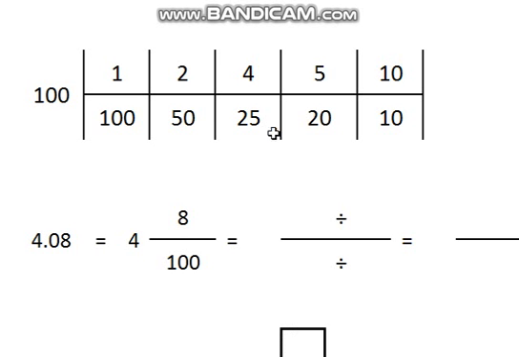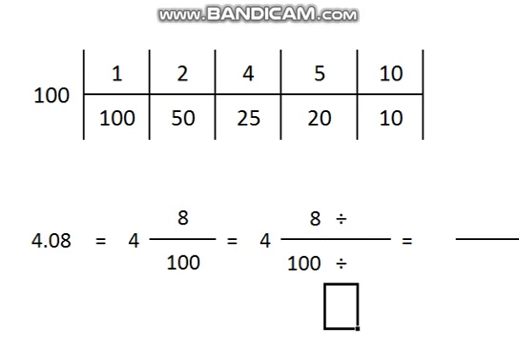Always remember, since this is hundredths, you need to list down all the factors of 100, the pairs of factors that build into 100. Then you copy the fraction again, 4 and 8 over 100.